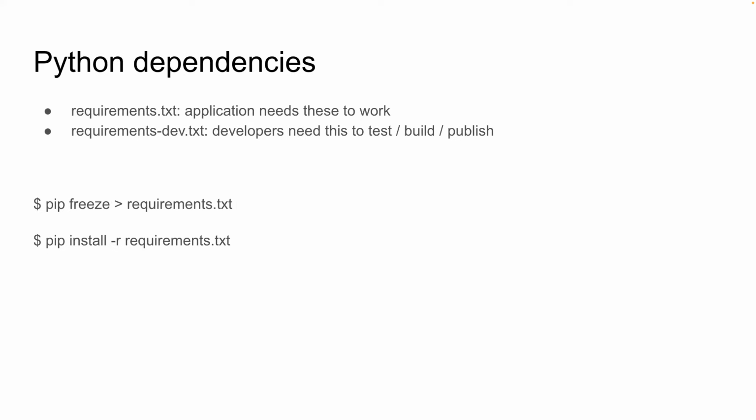Python dependencies are required for your application if your package is actually using them. The ones that your application is using, you would put into requirements.txt. The ones that your developers are using, you would put into requirements-dev.txt.